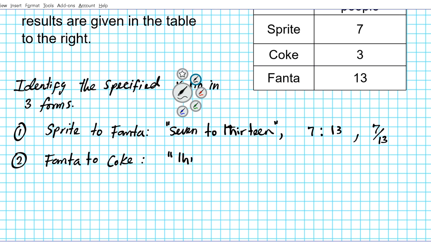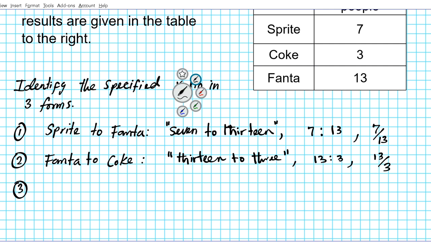So we have 13 to the number of people that preferred Coke, 3. So this is word form. Okay. If we want to write it in standard form, it's going to be 13, the first number, colon 3. And then in fraction form is 13 divided by 3, or 13 over 3.